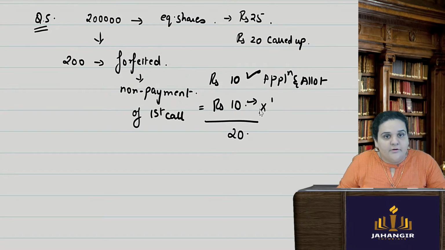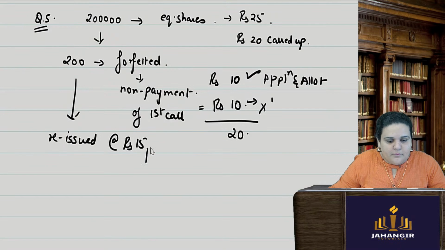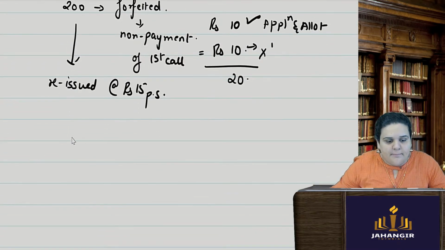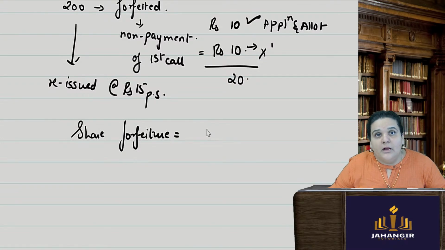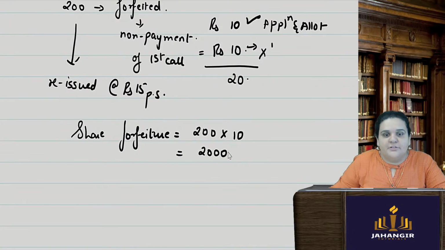So I have to forfeit, and then all these 200 shares are reissued at rupees 15 per share. But in the share forfeiture, how much will be the amount? Share forfeiture is always on the amount which is paid. So 200 shares, how much is the amount paid? 10 rupees. 2000 is in the share forfeiture account.